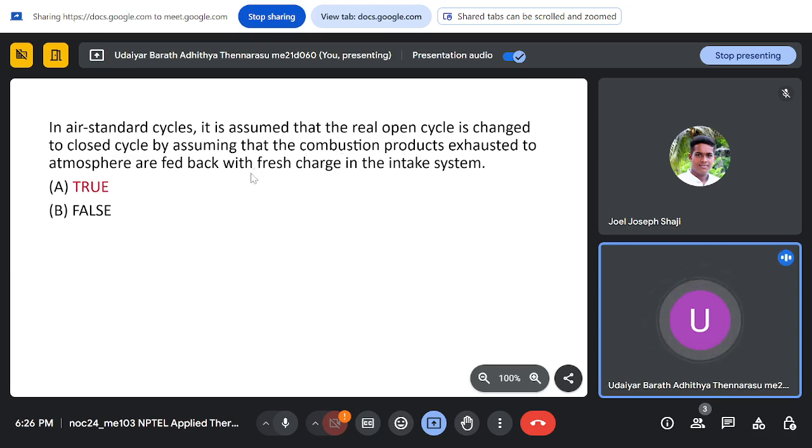This is what I told you while explaining the Otto cycle. That actual cycle you are depicting in the Otto cycle as a closed system. We are not assuming any intake or exhaust going on, but you have some fuel which is already there and it's going through the process. So that's what is being asked here. So answer is option A.